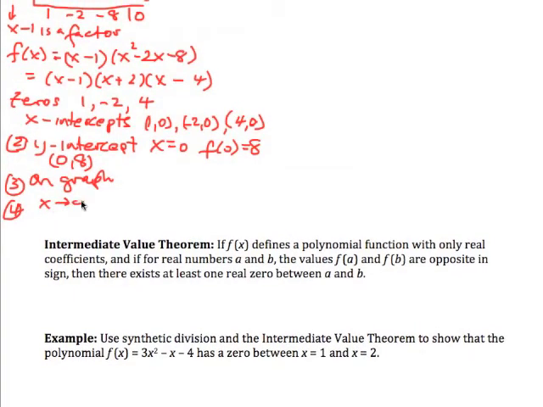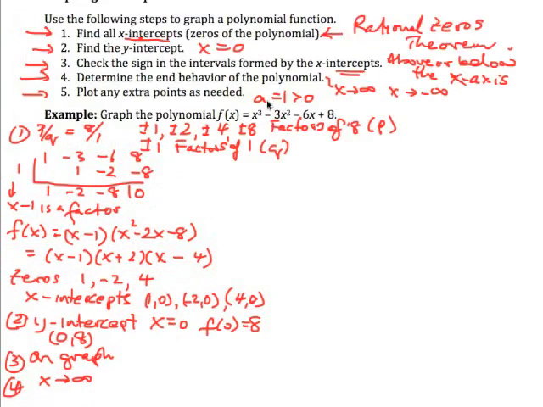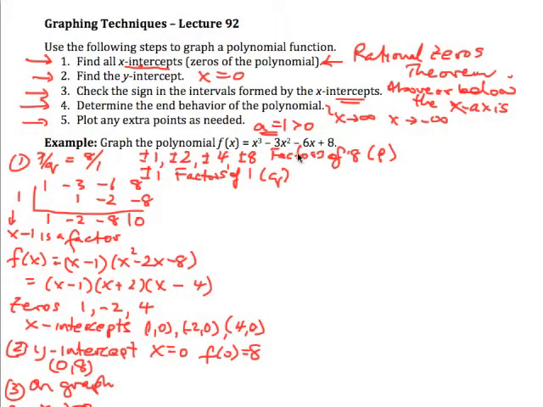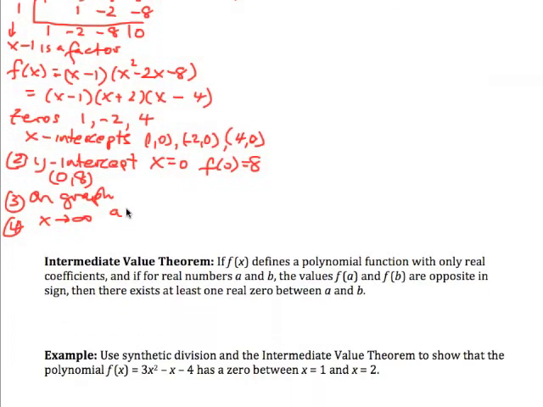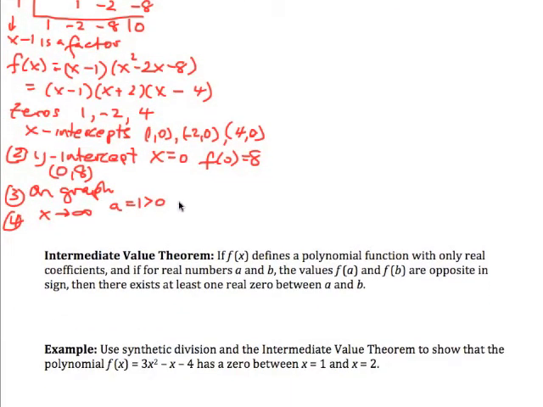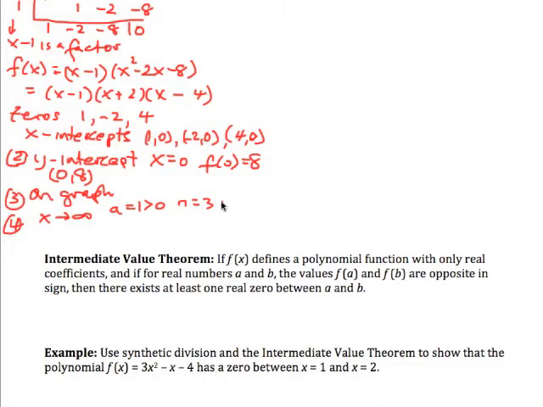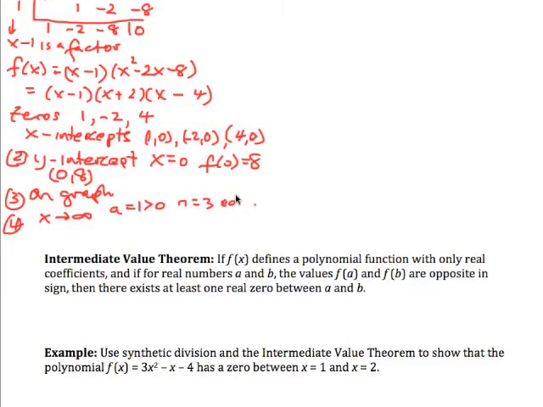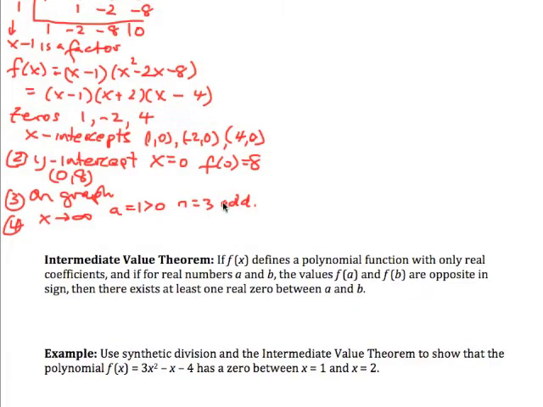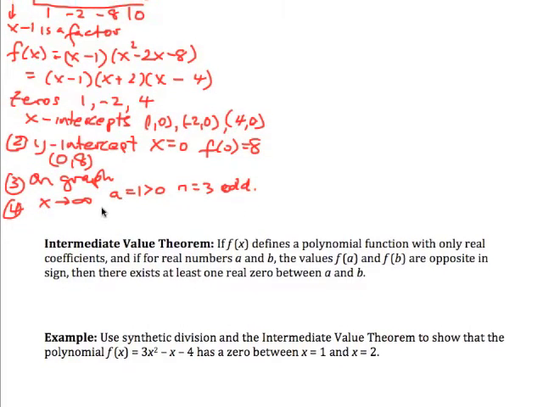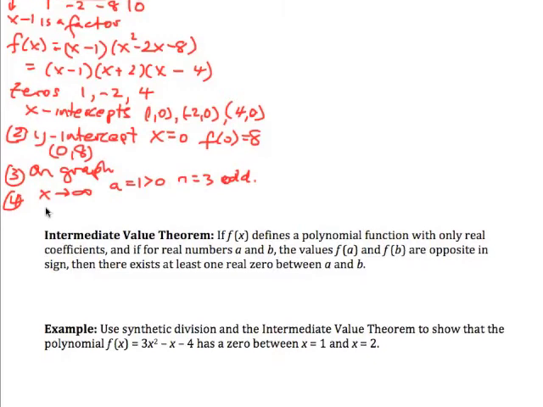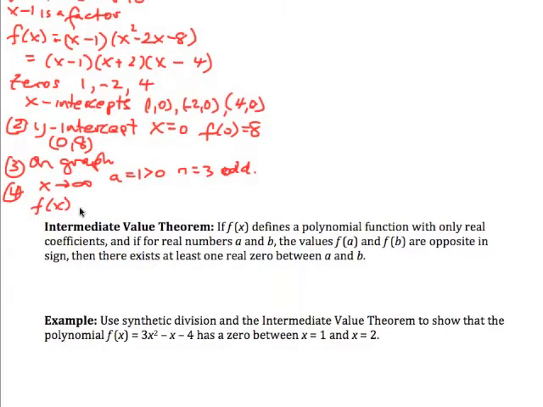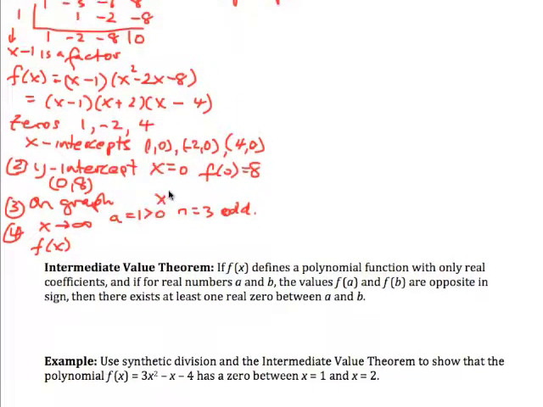As x approaches infinity, let's have a look here. We have a equal to 1, which is positive, and we have n equal to 3, which is odd. If that's the case, we can check what happens to the function, because we're looking at an x cubed.